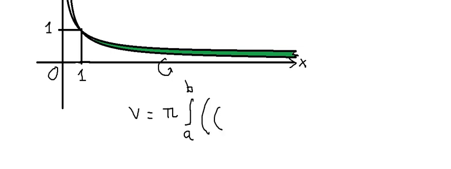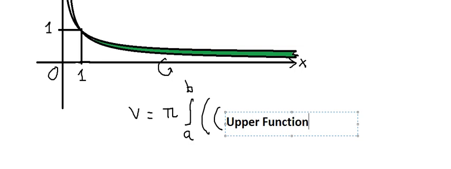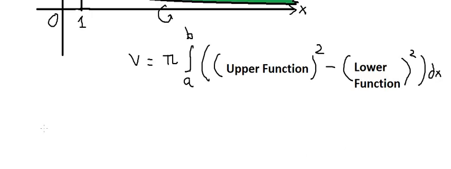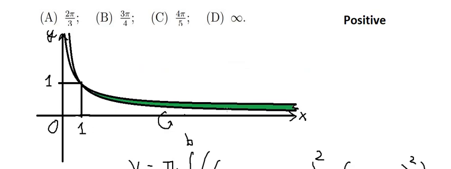Now we have the upper function to the power of 2 minus the lower function to the power of 2. In this situation, the integration should be from 1 to positive infinity.